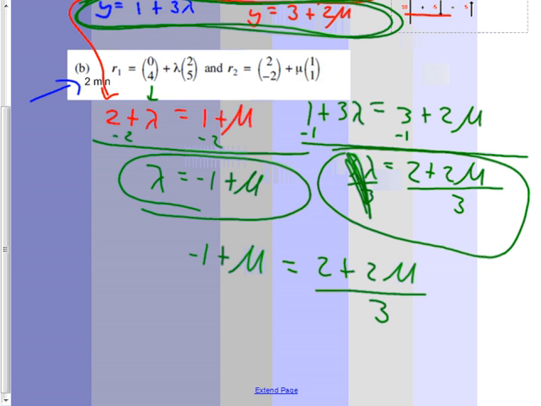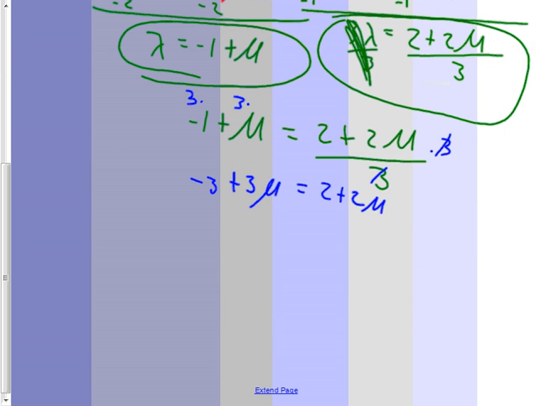Do you remember my rules for solving equations? You get rid of fractions, clear fractions. So what do we multiply everything by? Multiply everything by 3. That cancels that. Negative 3 plus 3 mu equals 2 plus 2 mu.